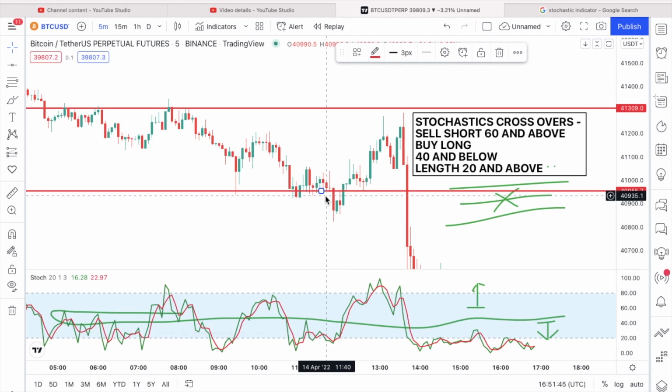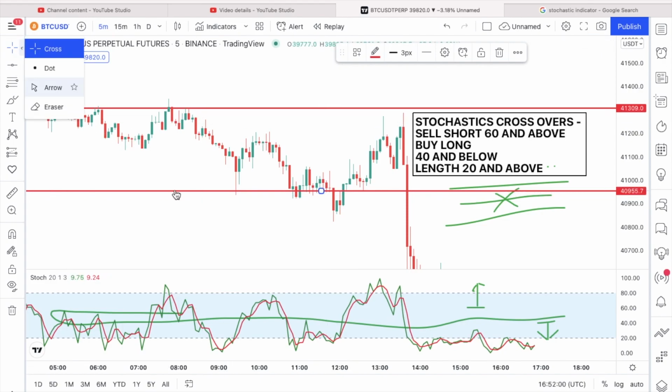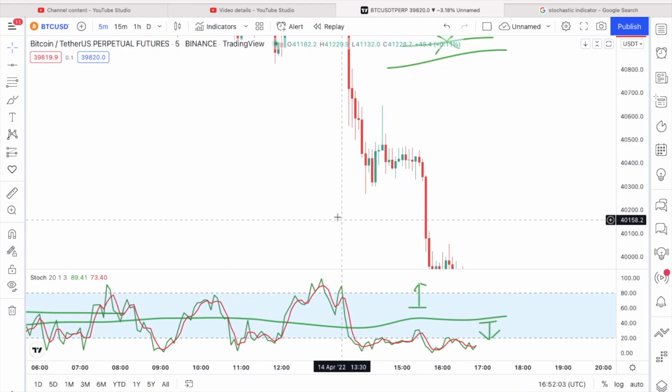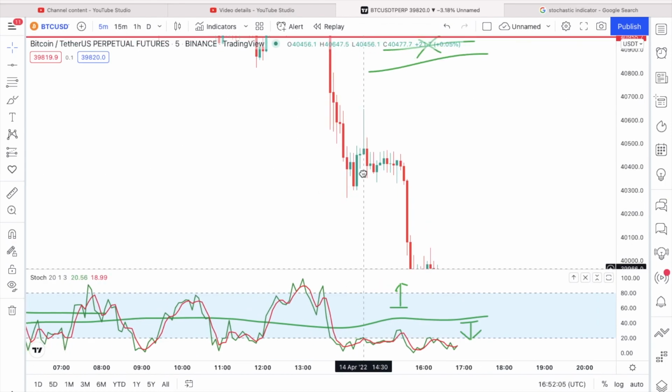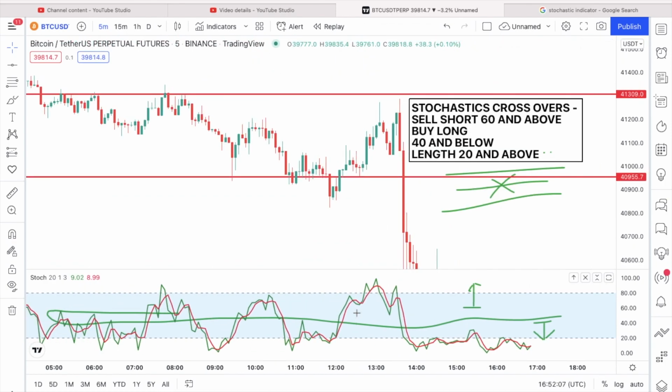So it's not like the RSI that is only perfect in a ranging market. You can use the stochastic in a ranging market, in a trending market, but make sure you are very careful. Make sure whatever crossovers it is giving you, you have your support and your resistance drawn on the chart. This is very important.